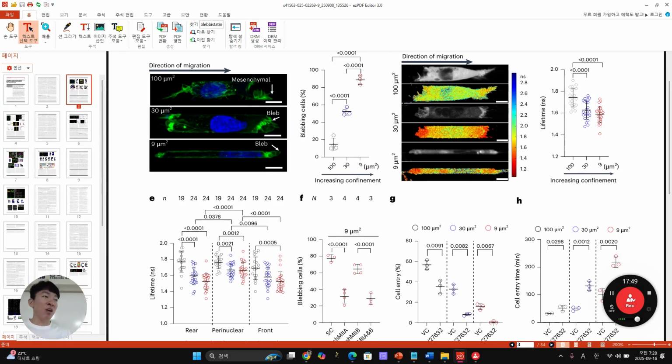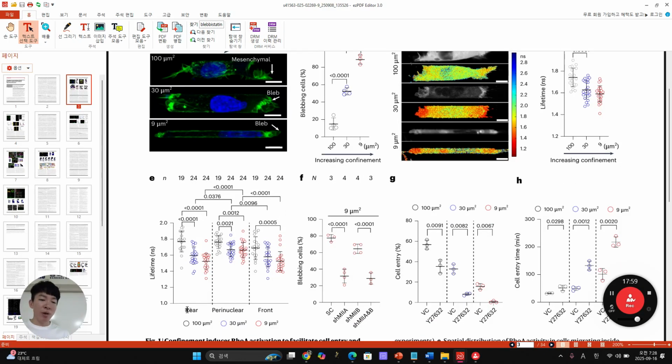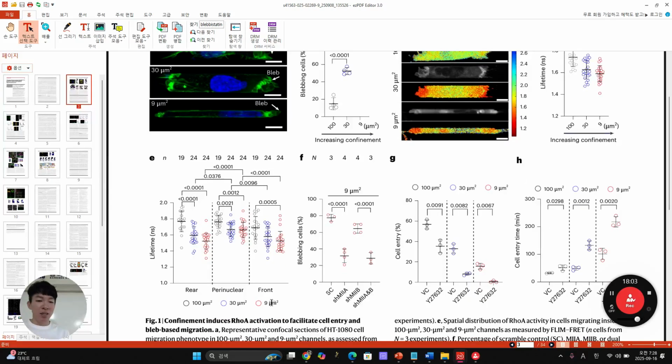And then you can get a lot of data from one experiment. Okay. So you try to think about how you can quantify again and again, in more detail. So rear, perinuclear, front, most of the things are similar. 9 micrometer has less lifetime, which means more Rho activity. They are generating more power.